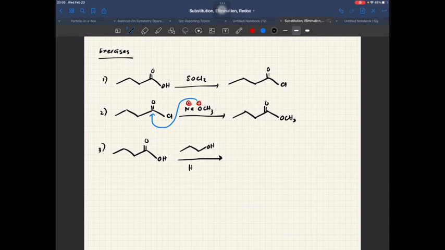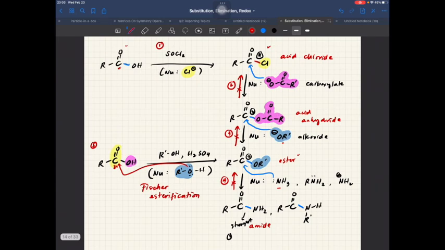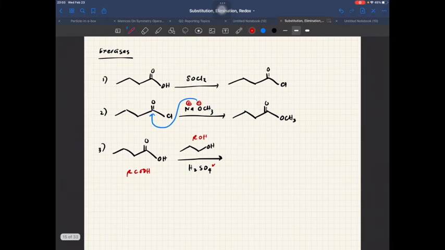Okay, so what we have here is the reaction of alcohol, this is ROH, and carboxylic acid, in the presence of an acid catalyst like sulfuric acid. So as you can see, this is reaction number 5, which is what we call Fischer esterification. So the nucleophilic alcohol, this will serve as the nucleophile, will attach itself here after activation of this carbonyl position.